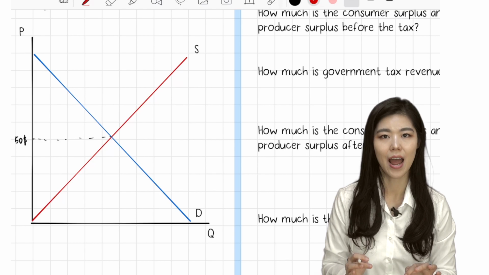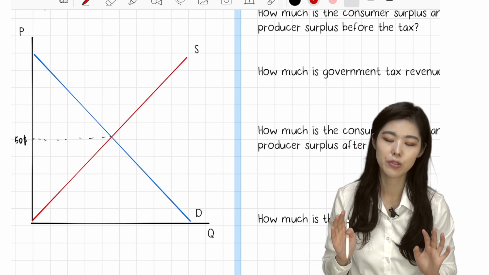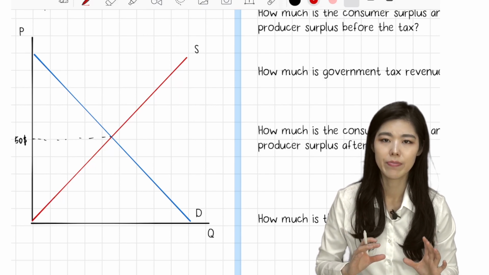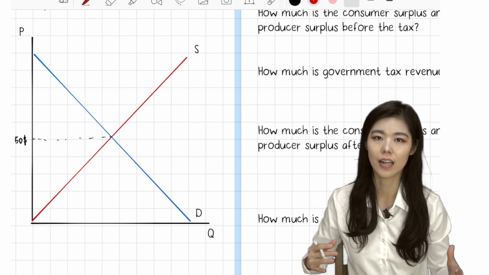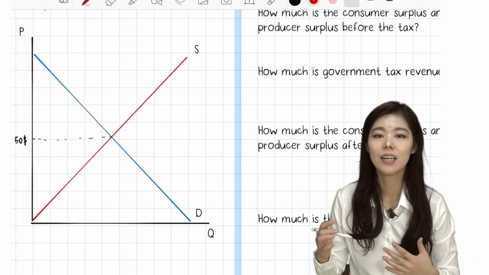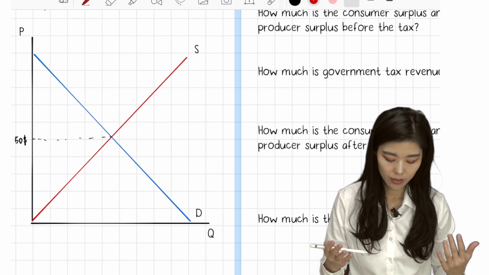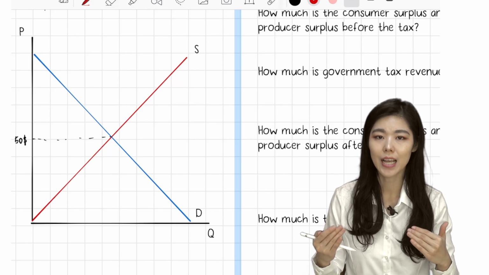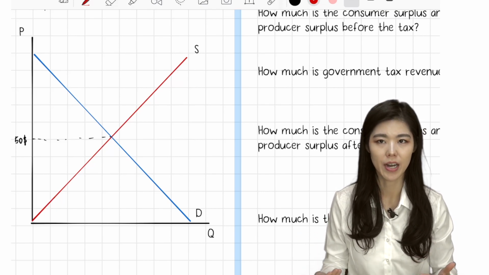The reason is that if the suppliers want to receive the $50 that they used to receive, now they have to pay $10 to the government. So they have to charge the customers $60 in order to provide the same amount of alcohol they were providing before.